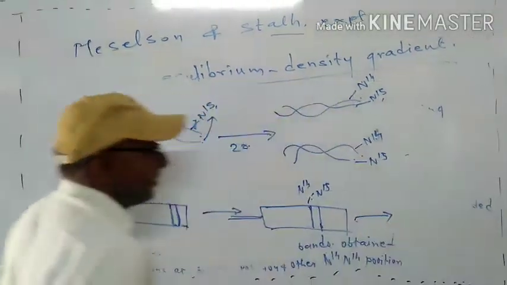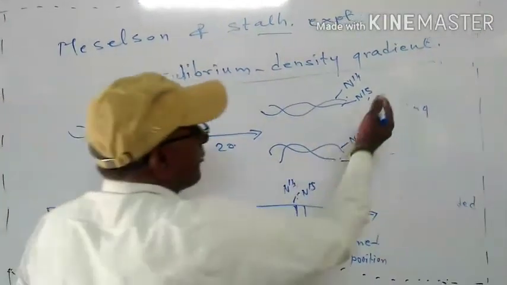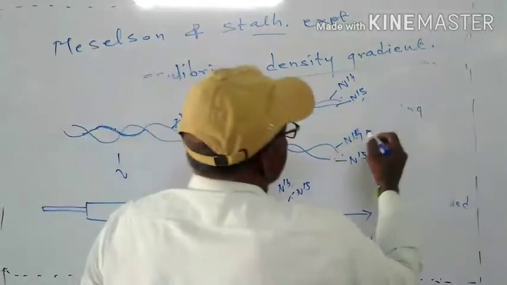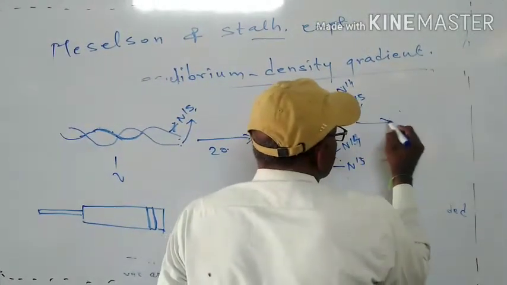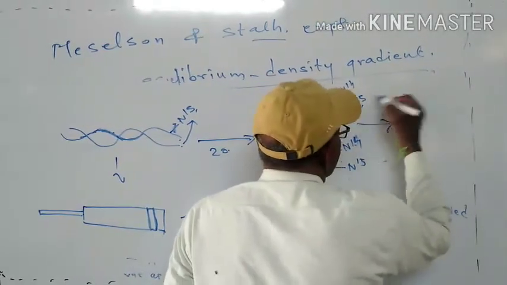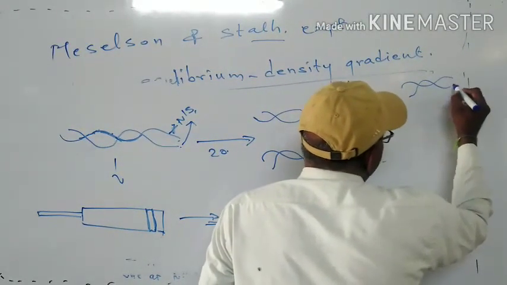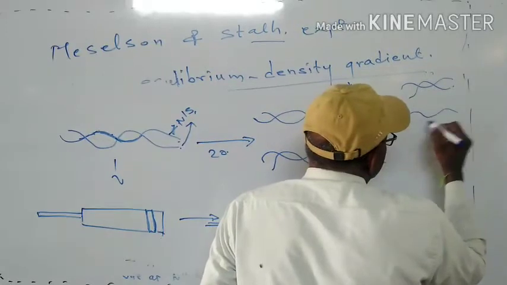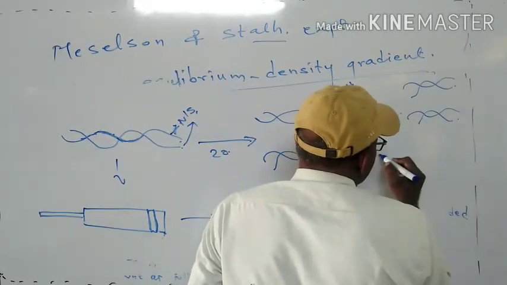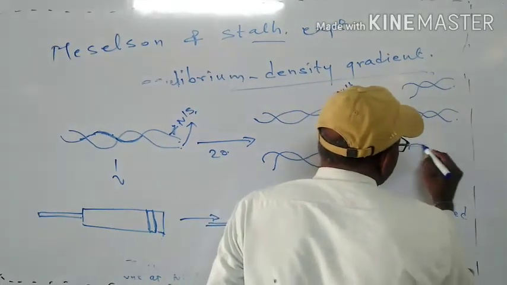And again, for the second generation, from these two DNAs, two DNAs are formed each.